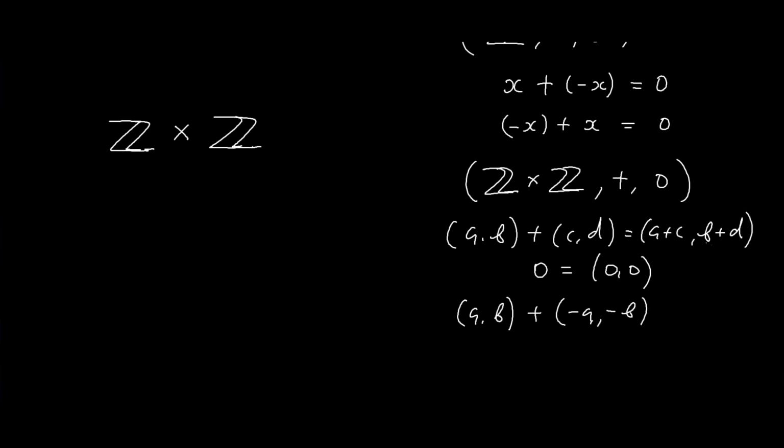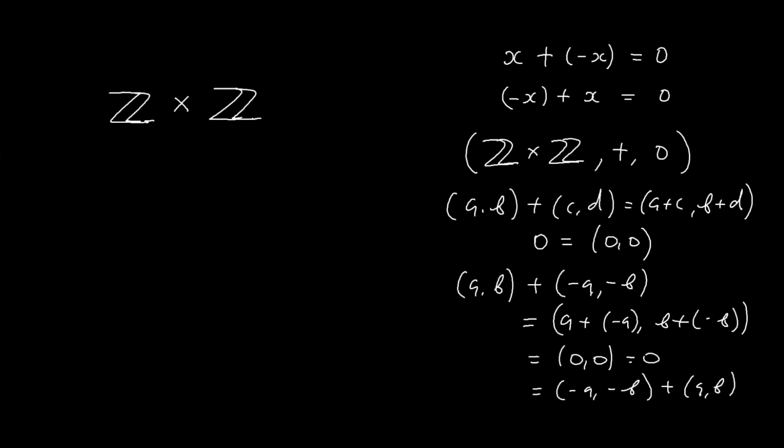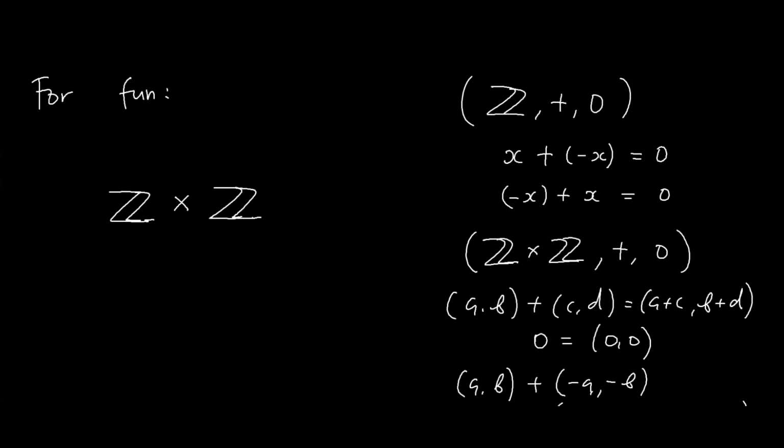And of course, by the way we defined addition, this will be (a plus minus a, b plus minus b). And that, of course, will be (0, 0), which is our 0. And addition is commutative, so we also have that it equals (minus a, minus b) plus (a, b).